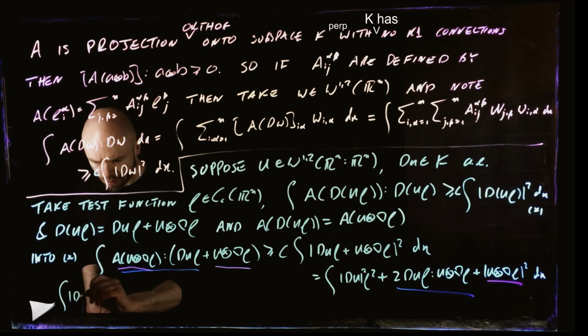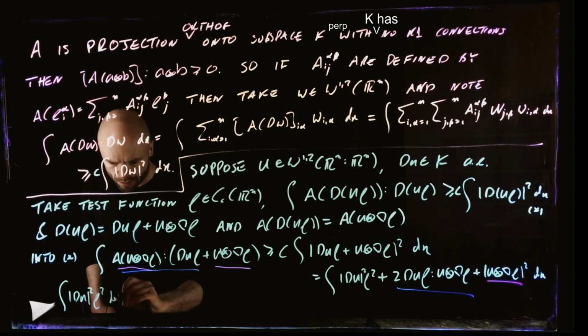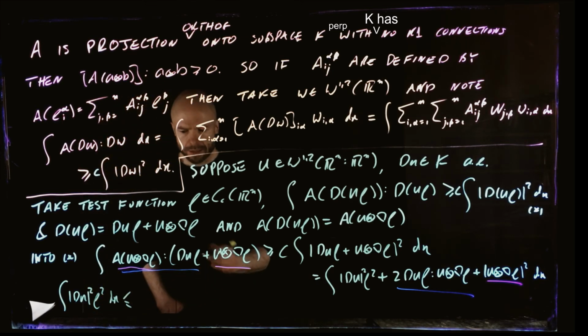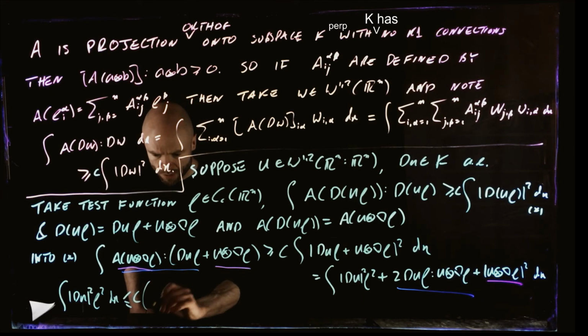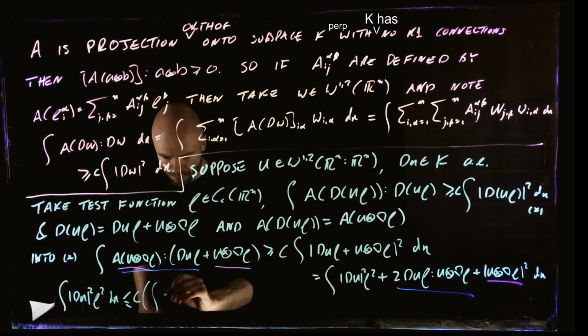We're going to have du, this thing squared, dx is less than a constant, and then we'll have all these various bits, right? We will have this thing.